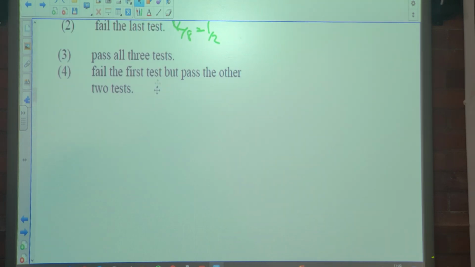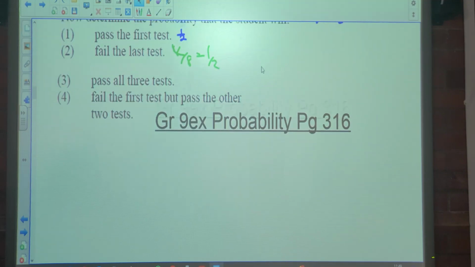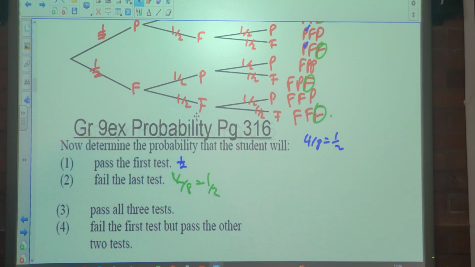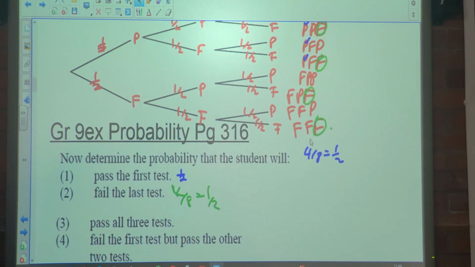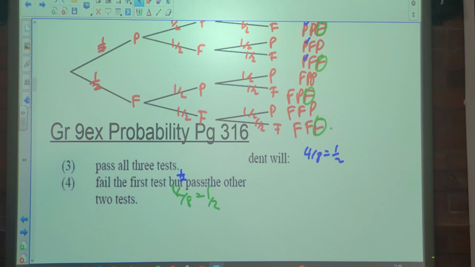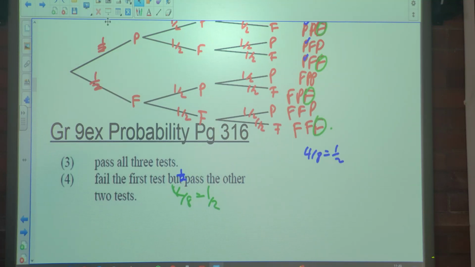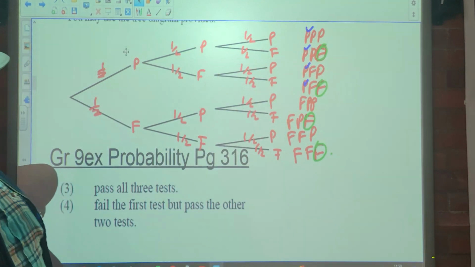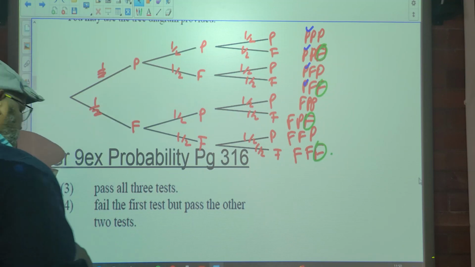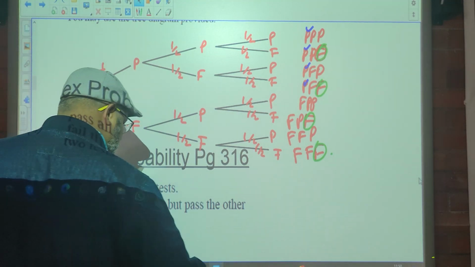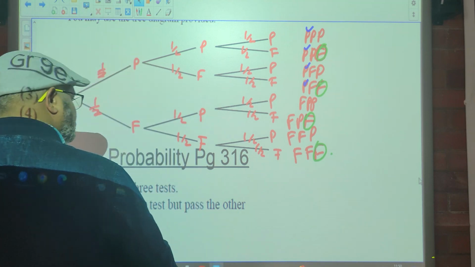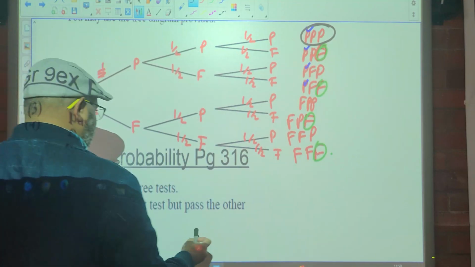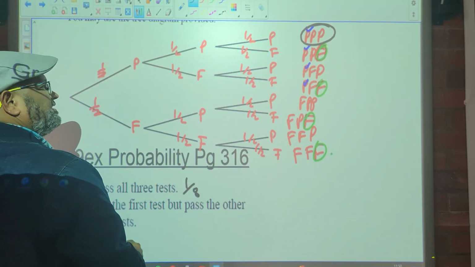Pass all 3 tests, so that is only 1 out of 8, yes.